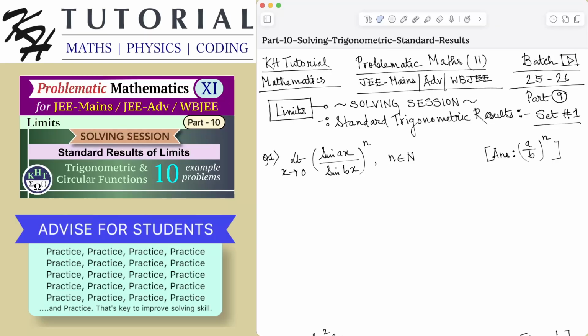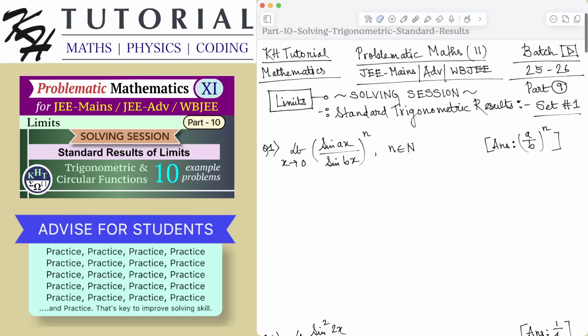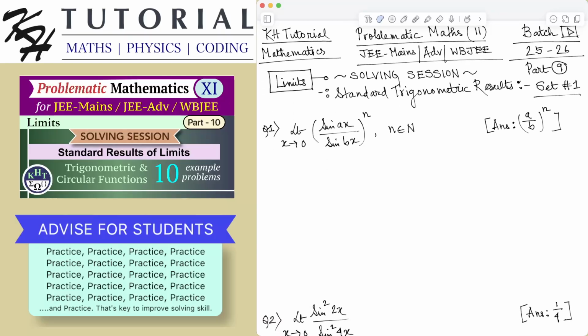Okay, so the first problem is limit x tending to 0 of (sin ax by sin bx) whole to the power n, where n is a natural number. Now clearly we can see that the power n, which is the natural number, has practically no role in finding the actual limit.